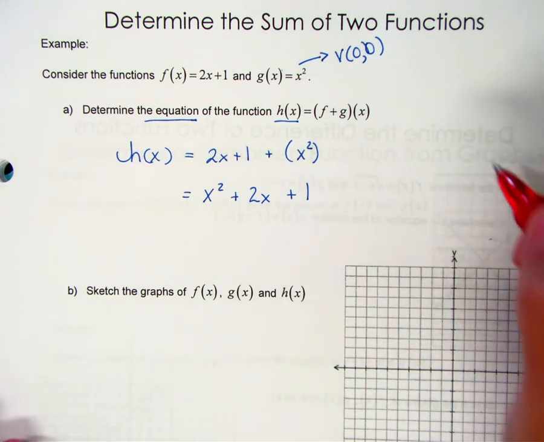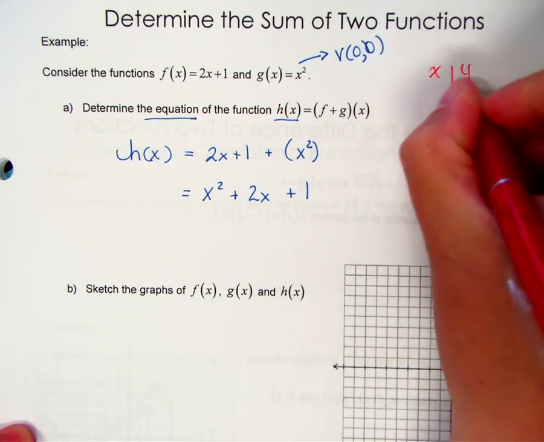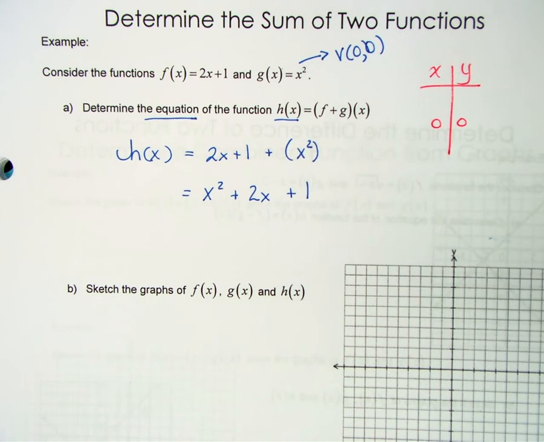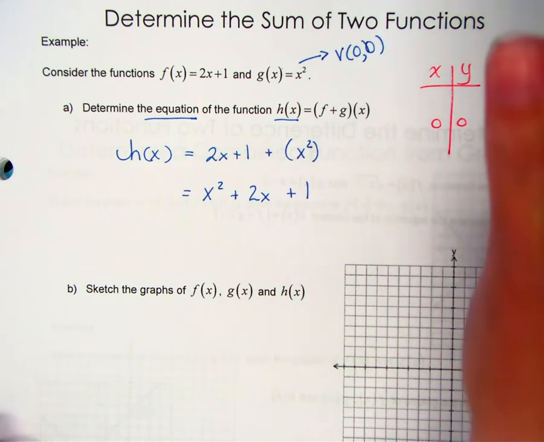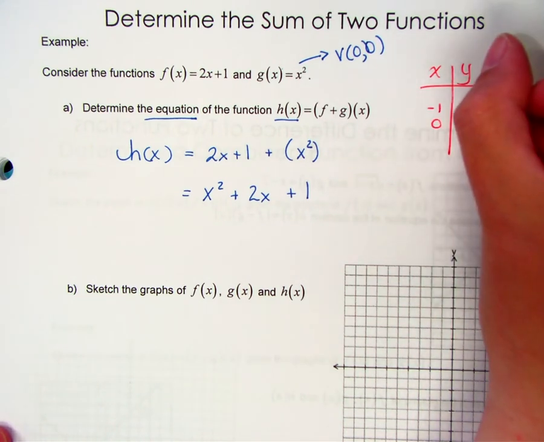So if I'm feeling uncomfortable with my grade 11 skills, when I create my table of values, I'm going to put my vertex in the middle, and I'm going to pick values on the left and right-hand side of it. So first thing you should do is always locate your vertex. So if I do -1, what's my y value? 1.